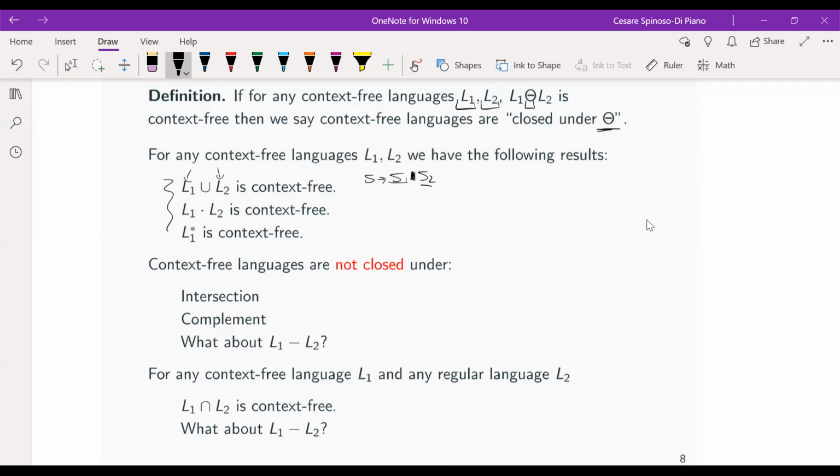And then the concatenation, that was just if you concatenate the two variables. And L1 star, I don't know, am I going to get this right? I think it was something like S1 lambda.